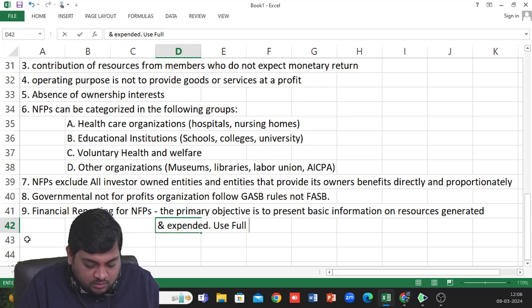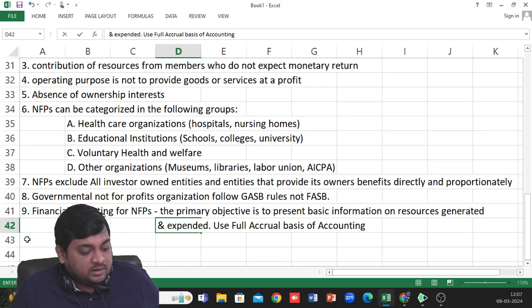Use full accrual basis of accounting, right? We are going to use full accrual basis of accounting.